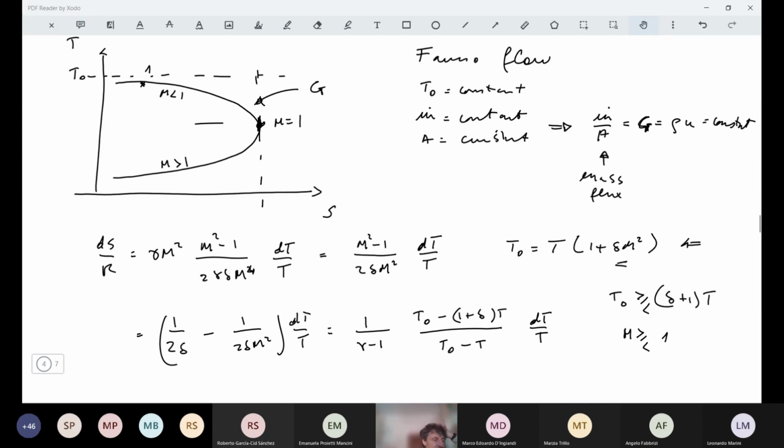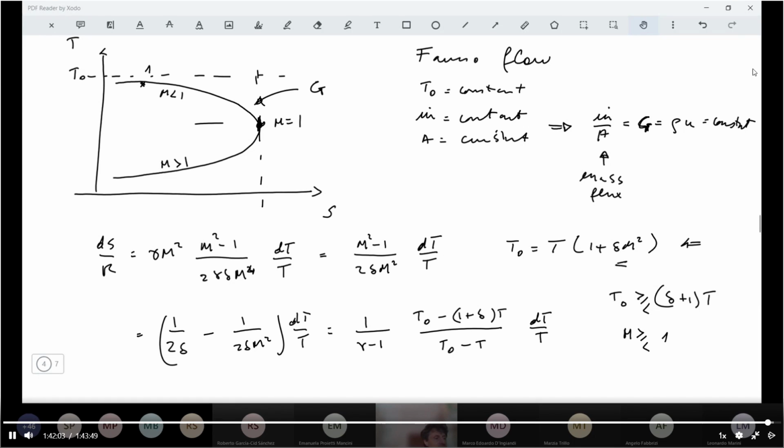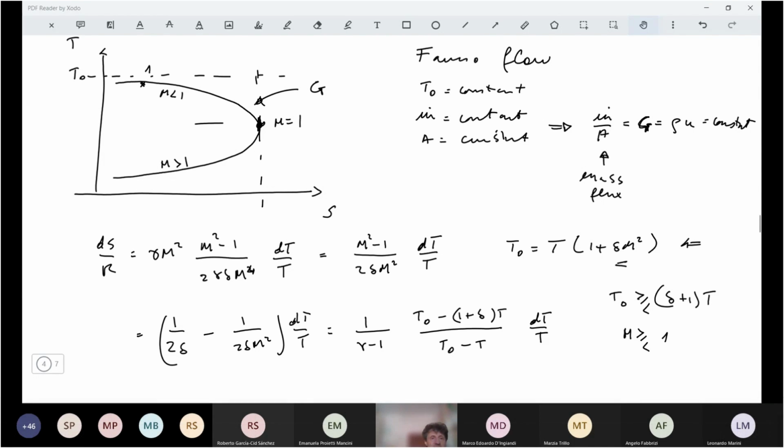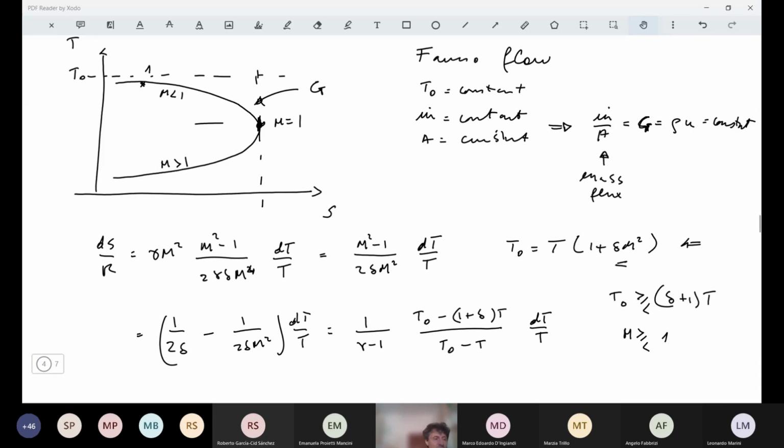And these lines are used to compare different conditions in special cases of flows, and with lines that can be shown for different values of G, and it can be shown that we have lines of this kind that correspond to increasing values of G in this direction.